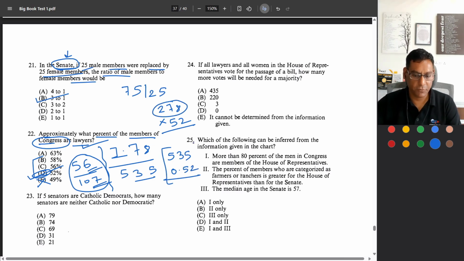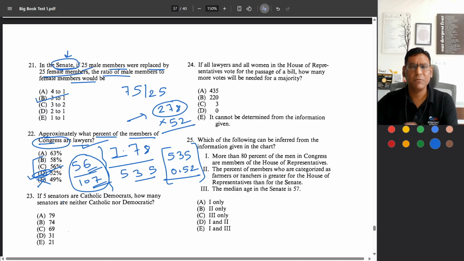Sorry, I got confused for a moment. There's also a shortcut there. For example, you first take 50%, then you take 2% and just add that and you'll get this. But anyway, the answer has to be D.